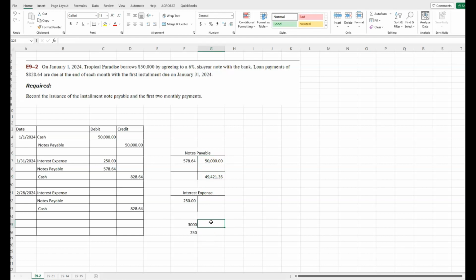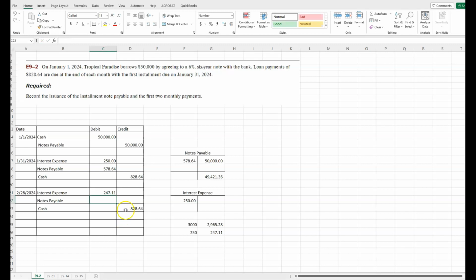So we're going to take the new balance, we're going to multiply that times 6%, and we're going to divide that number by 12 to give us a monthly amount. Oops, what did I do? There we go, $247.11.